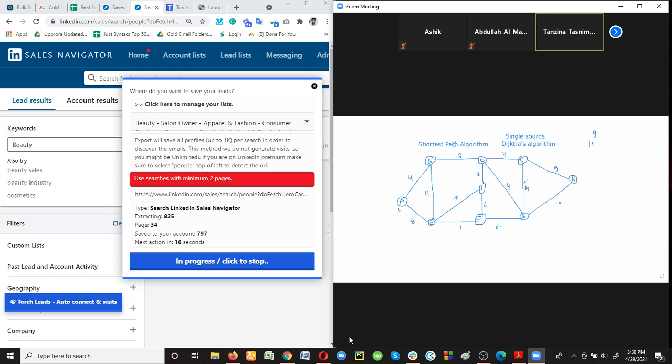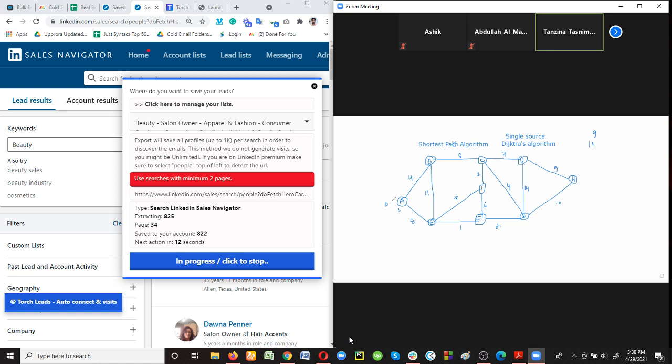Okay. So the first step is, if this is our source node, then its distance will be 0. At first, we have to assign some distance to each of these vertices. And A is our source node. That's why its distance will be 0, because we didn't assign any loop here.